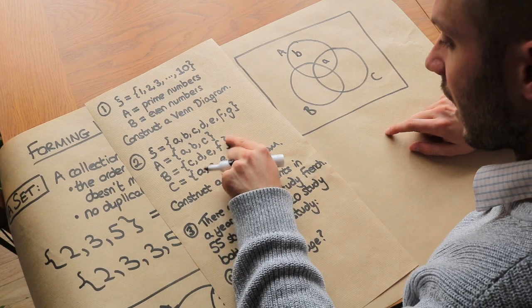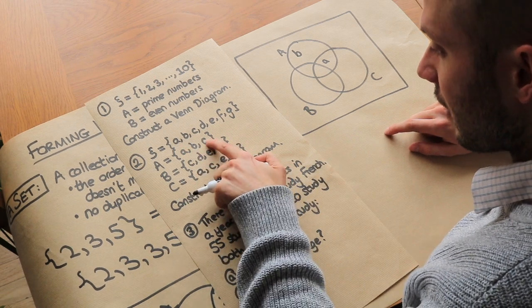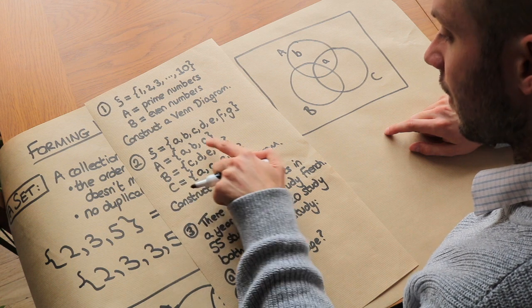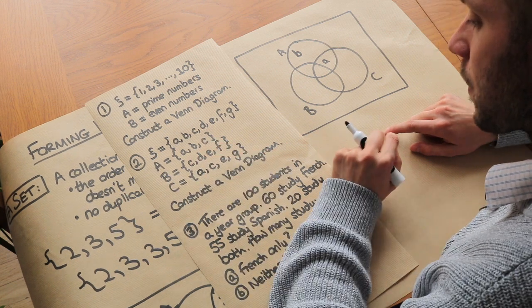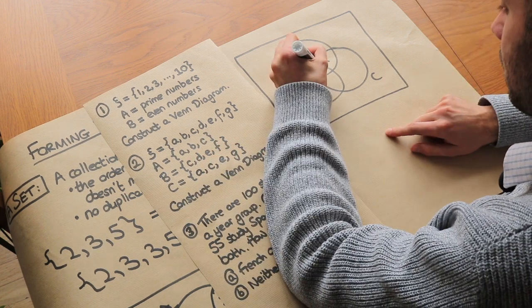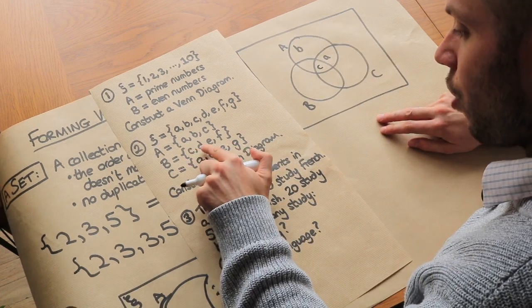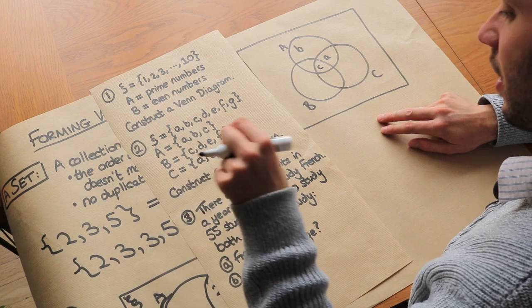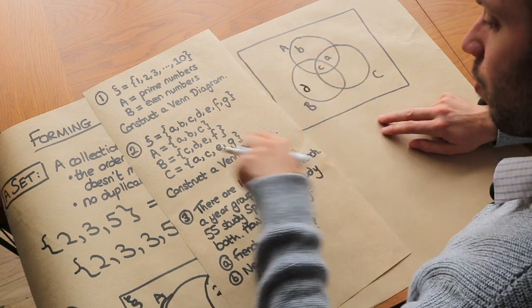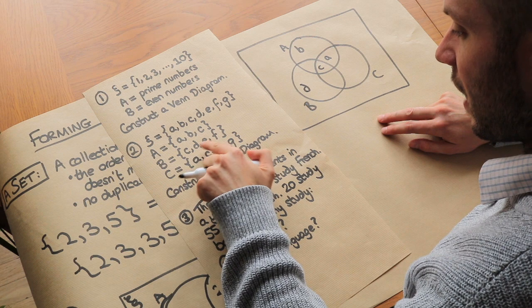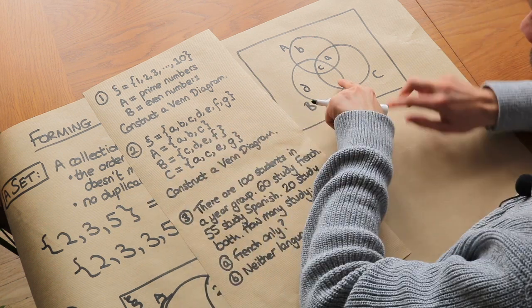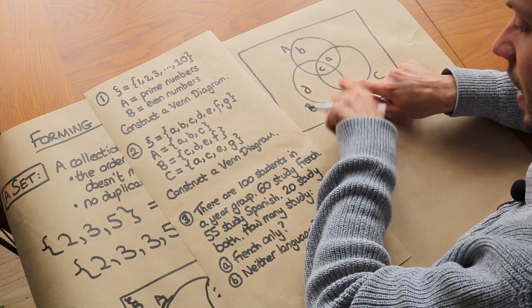What about lowercase c? Lowercase c is in sets A, B and C. So it's in all three of them. So it appears in the middle, the overlap of all three. What about D? D is only in the set B. So D appears here. What about E? E appears in sets B and C. So the overlap of B and C, it's going to appear here.